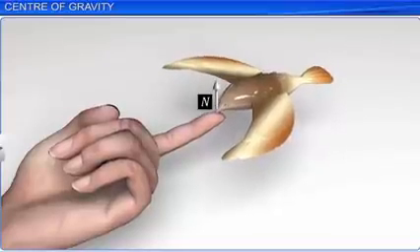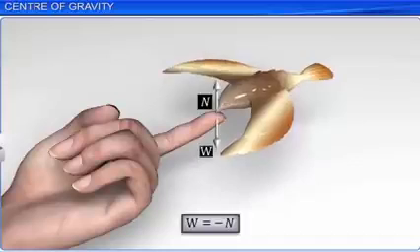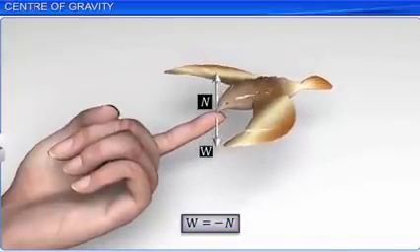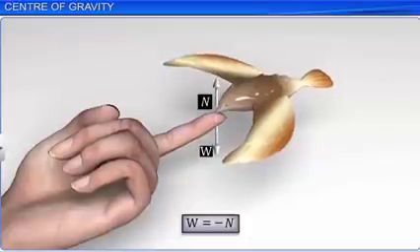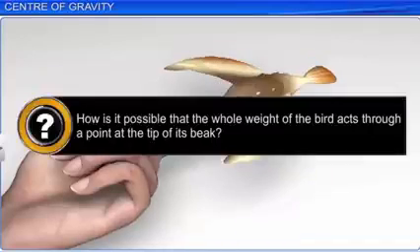Since the bird is in static equilibrium, these two forces must be equal in magnitude, opposite in direction, and must act along the same line. How is it possible that the whole weight of the bird acts through a point at the tip of its beak?